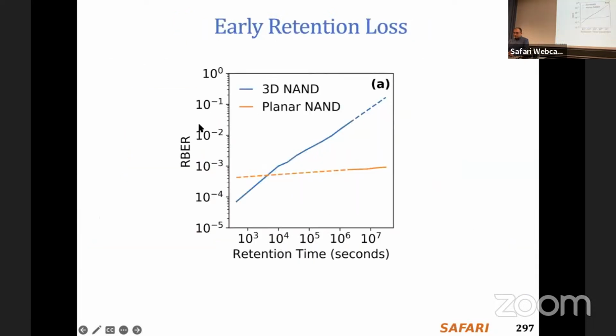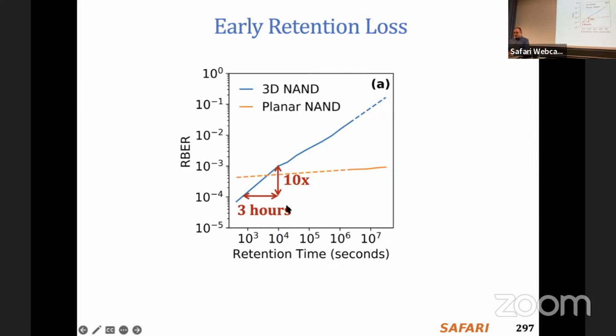And for the retention loss phenomena, we got very interesting results. This is a planar NAND, and we know this retention loss, but retention loss in planar NAND is actually happening much slower. The thing is that for 3D NAND, raw bit error rate is much lower to begin with, but then it accumulates a lot of errors within only 3 hours after it's being written, which is very interesting.